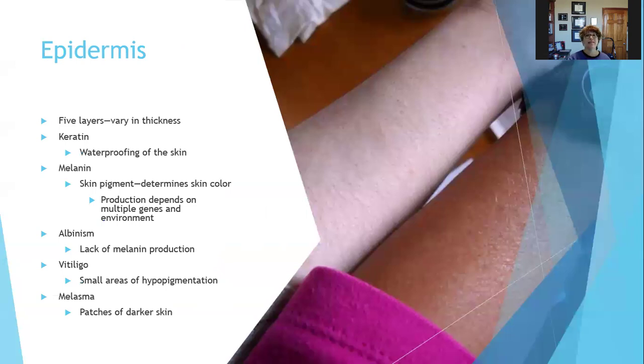So the epidermis has 5 layers, and I'll briefly go over the layers, but I'm not going to quiz you on them or anything, just to appreciate the layers of them. The epidermis itself varies in thickness throughout the body. So you might have some places where your epidermis is relatively thin and other places where it's relatively thick. The top layer is mostly composed of keratinocytes that are filled with keratin that waterproofs the skin and makes it tough because that's our outer barrier.